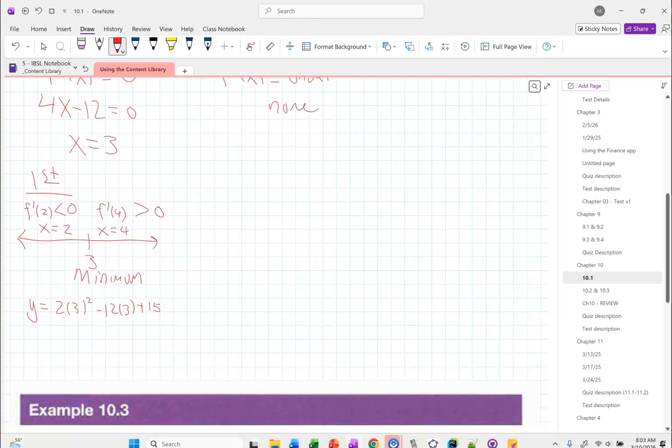So that's 18 minus 36, that's negative 18, plus 15, that's negative 3. So I have a local minimum at 3 comma negative 3. Yes? Sure. Does that feel okay?